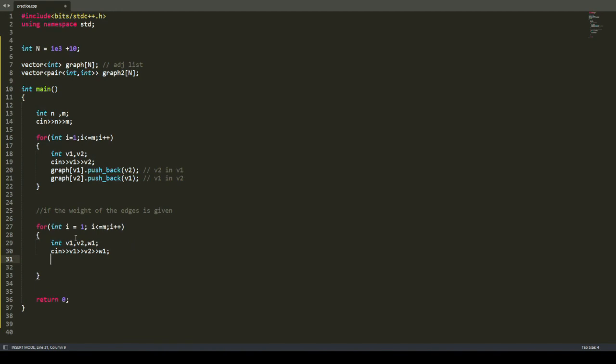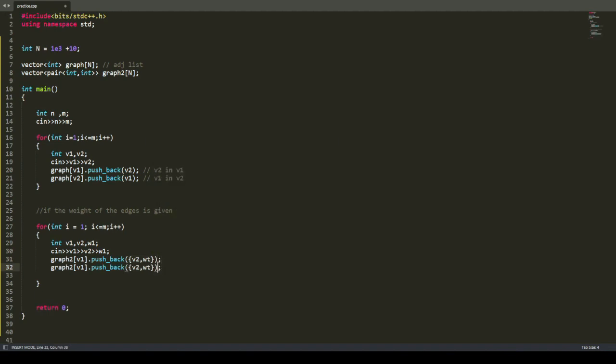Now how can we push that? We declare graph v1 dot push back. Now we have to push the weight along with the second vertex, so let's make a pair. Here is v2, here is the weight. So this is basically how we make a pair.